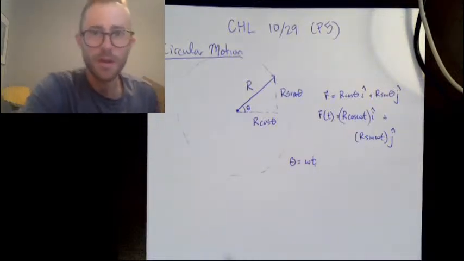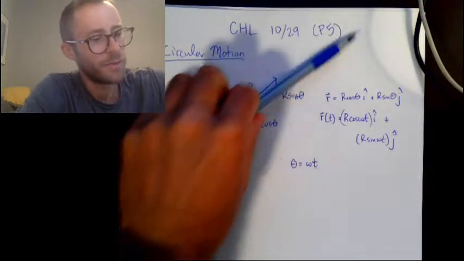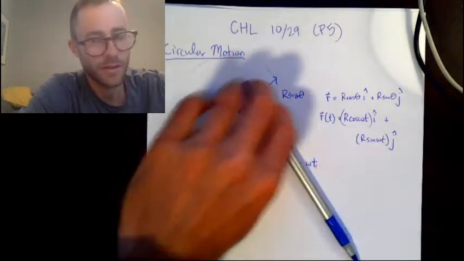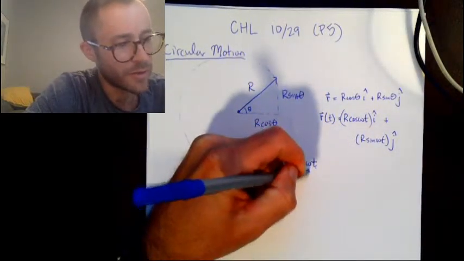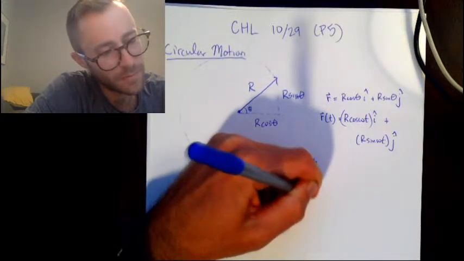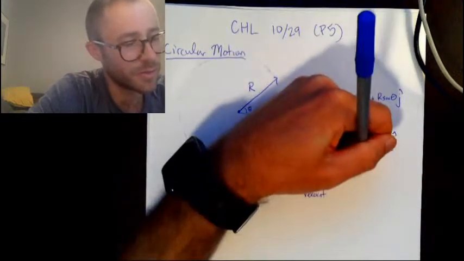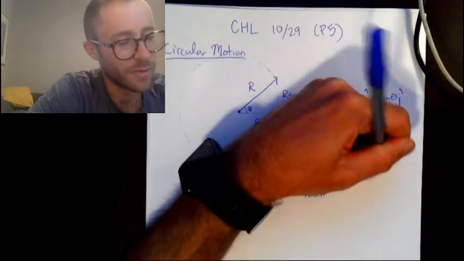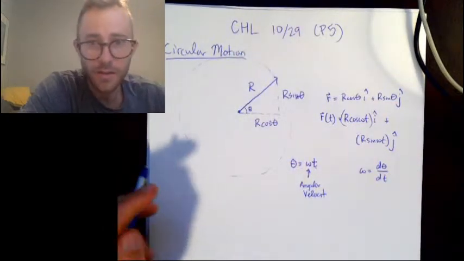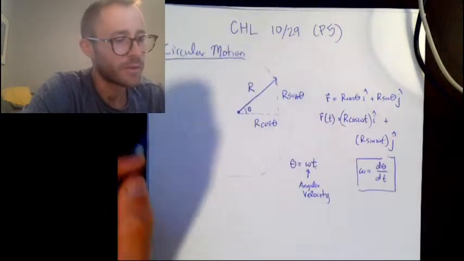Now, by the way, omega is called the angular velocity, and we can see from this relationship that omega is the derivative of the angle with respect to time, so you should know that.